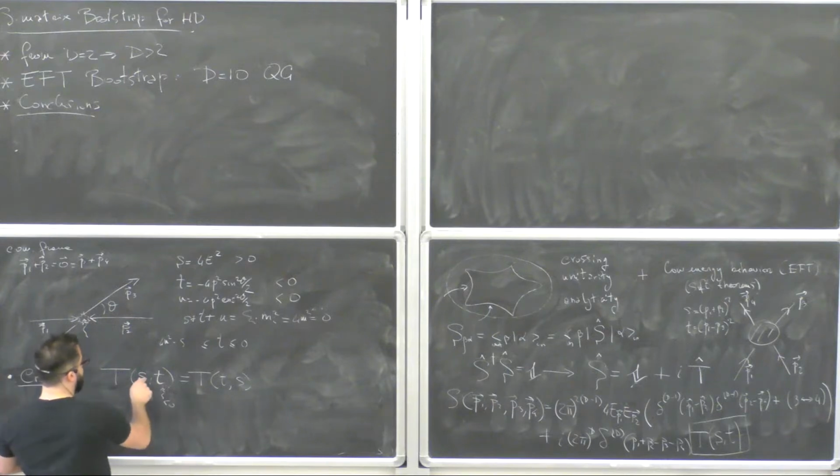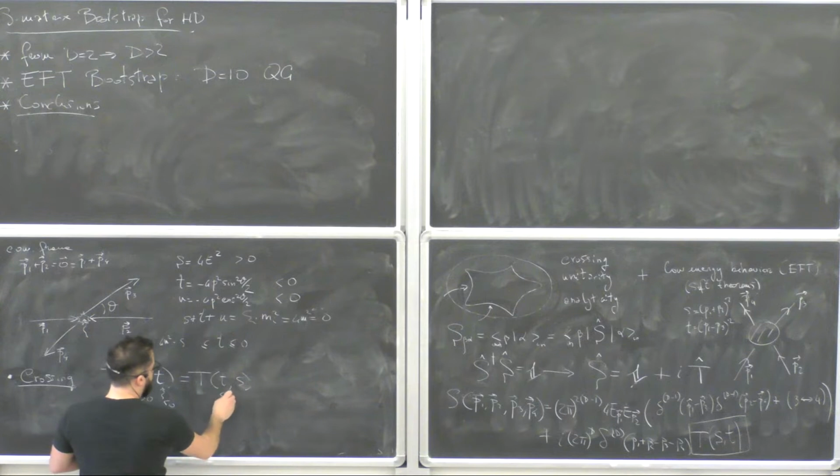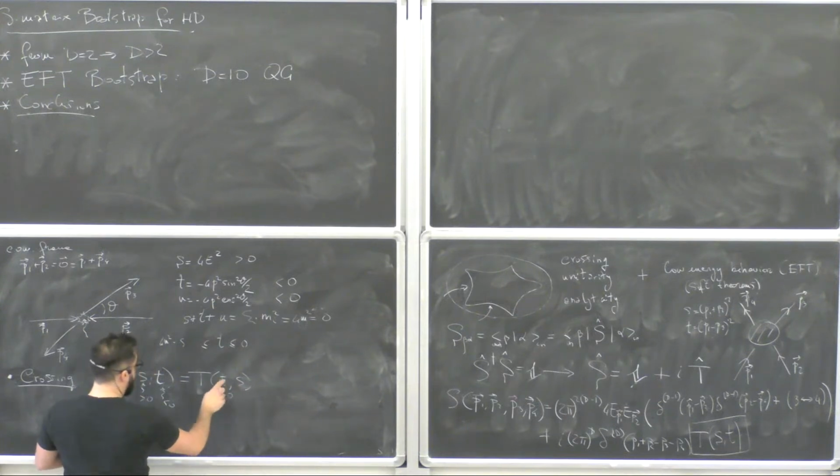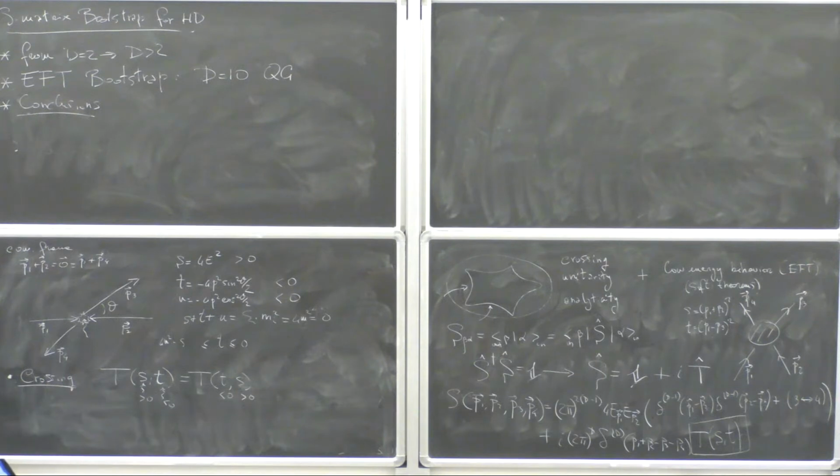And now what I'm saying is that this S can be moved to negative values, and this second entry can be moved to positive values, and this function doesn't change. So it's really permutation invariance, in other words.